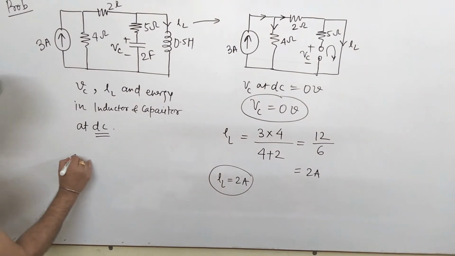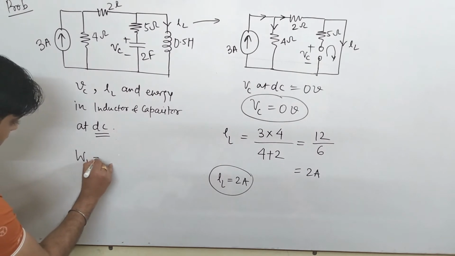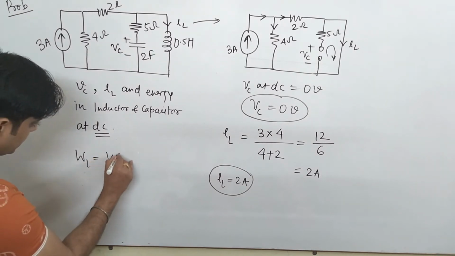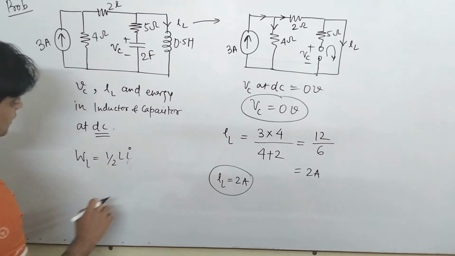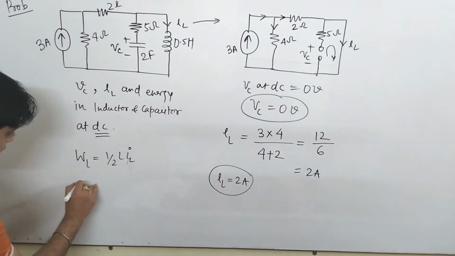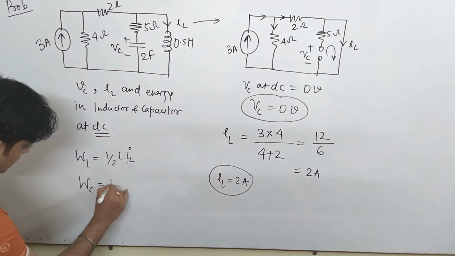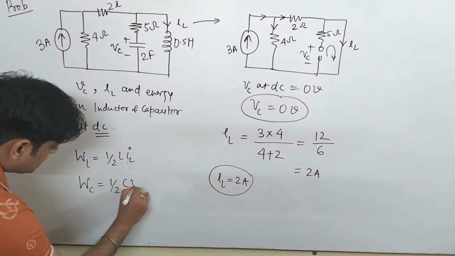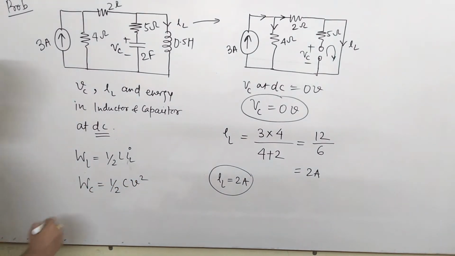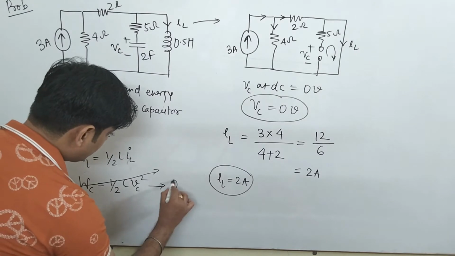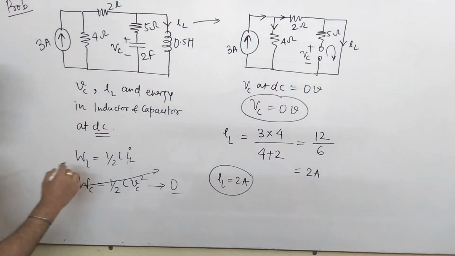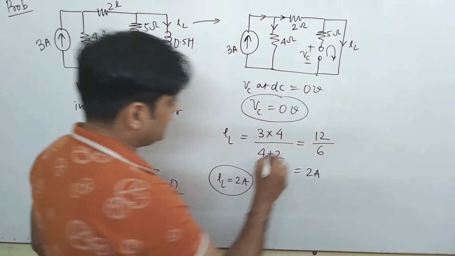Now for finding out the energy, WL you can write as 1 upon 2 L IL square, or 1 upon 2 C VC square for the capacitor. This value goes 0. Why? Because the value of VC is 0. And the value of WL you can easily find.